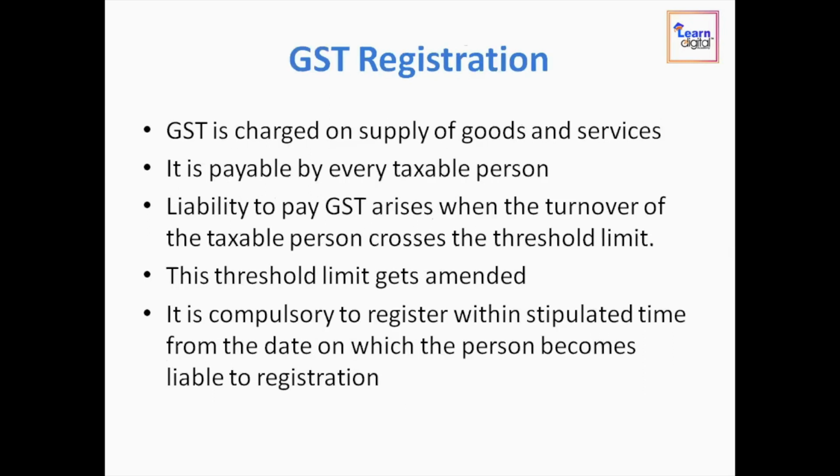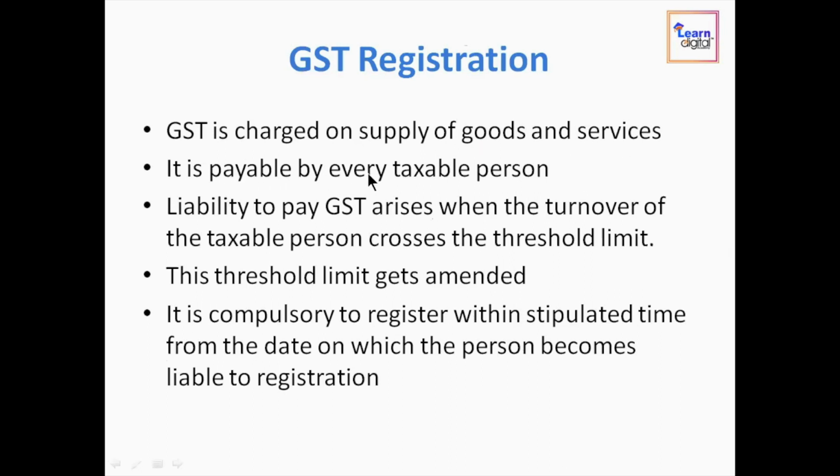Now GST registration. So far we have discussed the taxable person. But at what time does this person become taxable, when does this business become taxable, or when does GST registration need to be taken? That we will discuss now. GST registration. GST is charged on supply of goods and services.